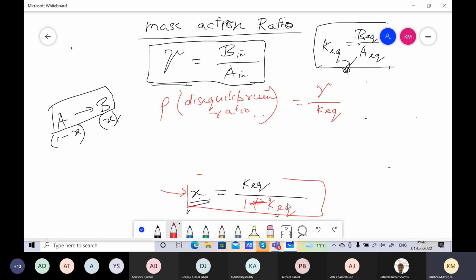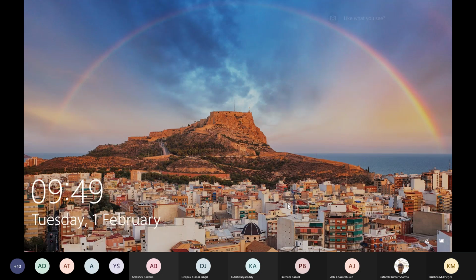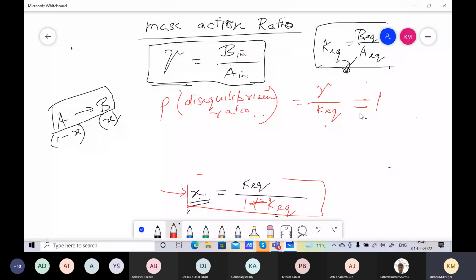When the disequilibrium ratio is 1, it means things are in equilibrium. And if it is far from 1, it is far away from equilibrium. Are you getting this? Yes, sir. Right.